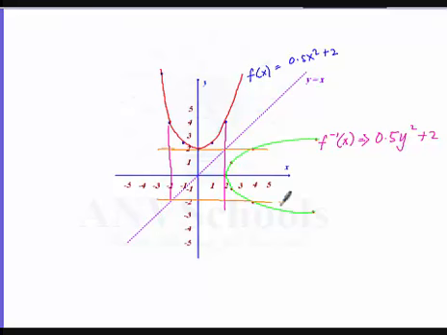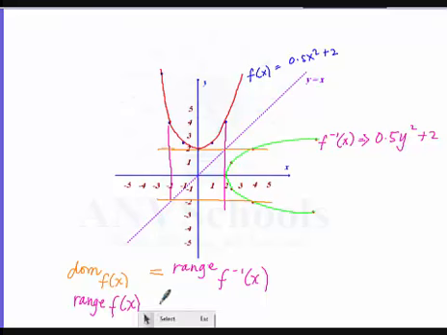So therefore, the domain of the original function, f of x, becomes the range of f negative 1 of x. And the range of our f of x becomes the domain of our f negative 1 of x, just confirming that they are reflections of each other.